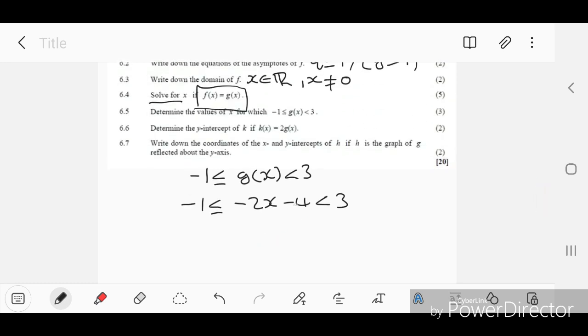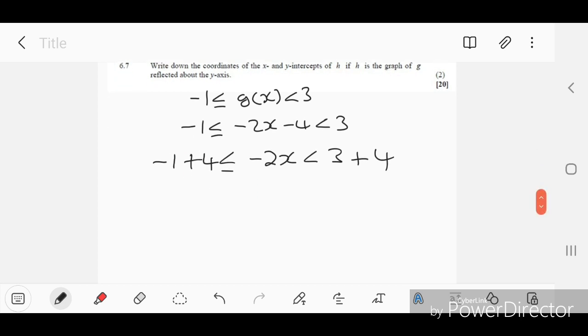So we're going to plus 4 because we must move the 4 to the other side so that we are left with 2x. But we move is 3. Now when it jumps the sign, it must be plus 4. So the same thing will be the scenario this side. It's going to be plus 4 everywhere. So now minus 1 plus 4, that's positive 3, and minus 2x and 7.